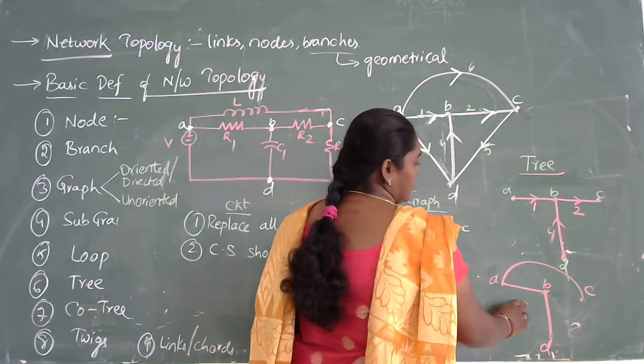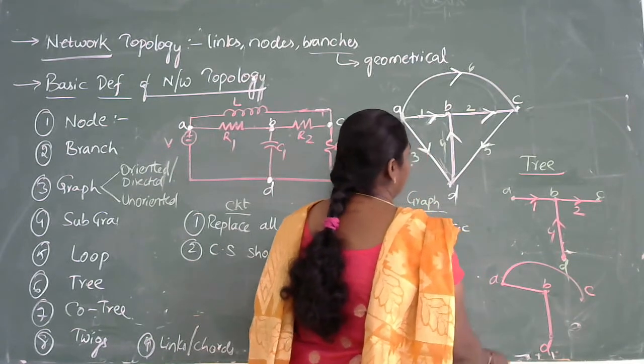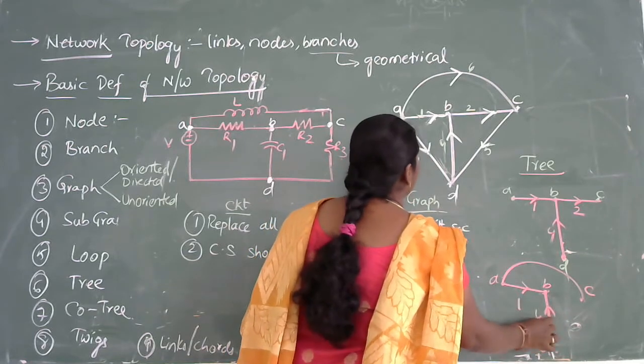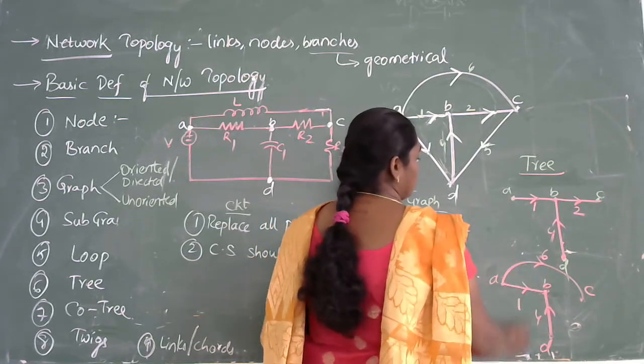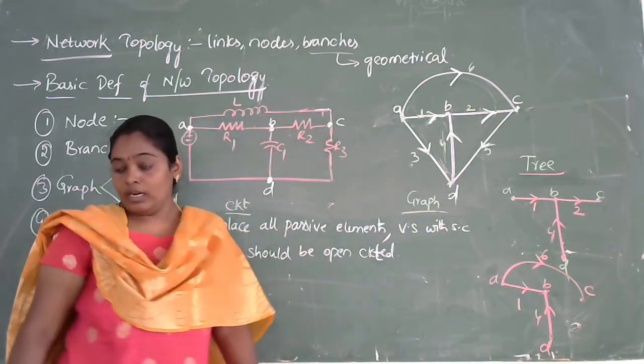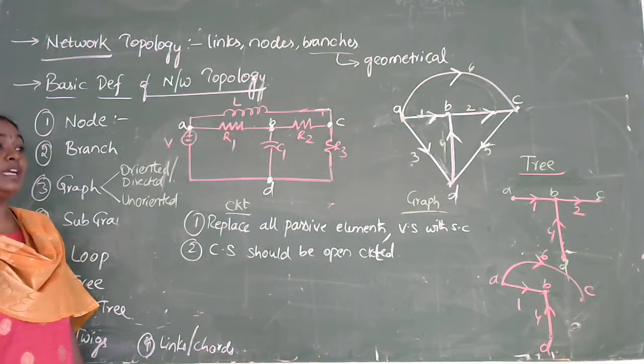So that is the reason I should not draw any line segment or branch between B and C. The corresponding branches are 1, 4 and 6.